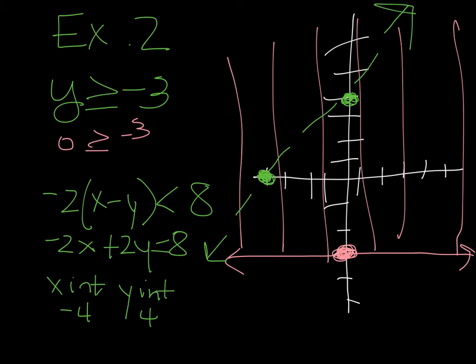And my test point, let's use 0, 0. So if I plug in 0 here and 0 here, 0 minus 0 is 0. 0 times -2 is 0. Is 0 less than 8? Well, yes it is. So I'm going to shade this side of the line.